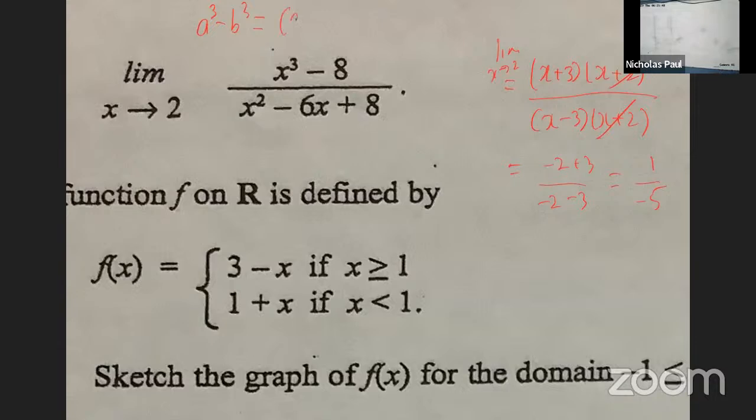Just in case you forgot, it is a minus b times a squared plus ab plus b squared.